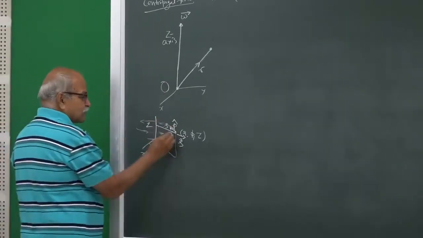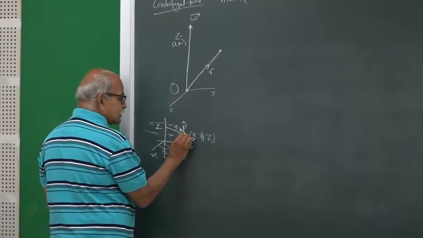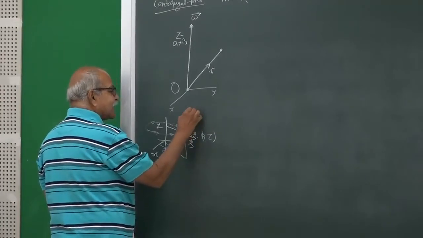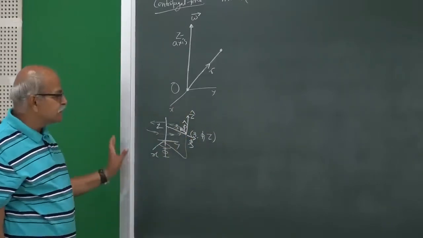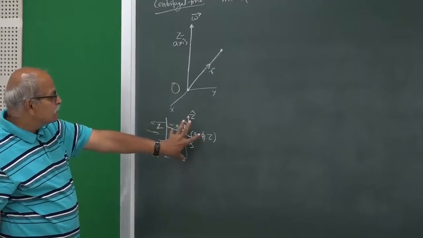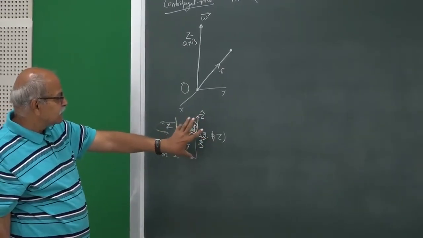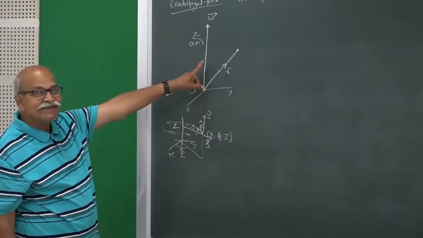Okay, and z is of course z cap. So, this is called z cap or k cap. This is how we define cylindrical polar coordinates or cylindrical coordinates, and let us use that here.